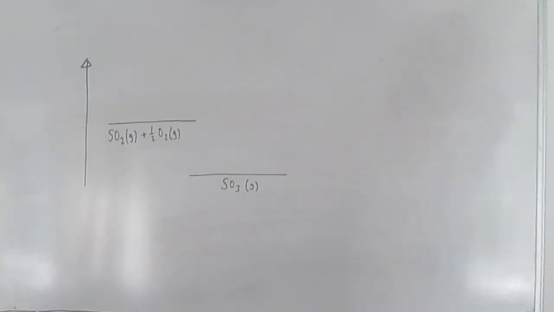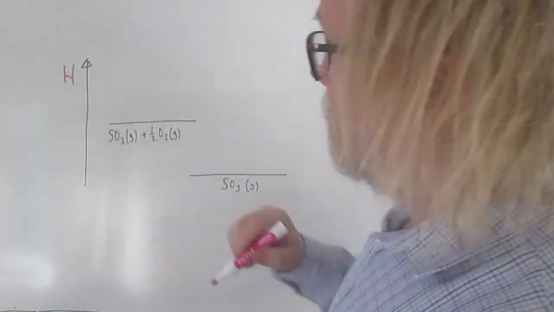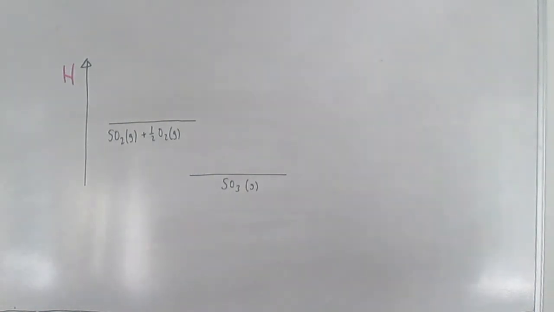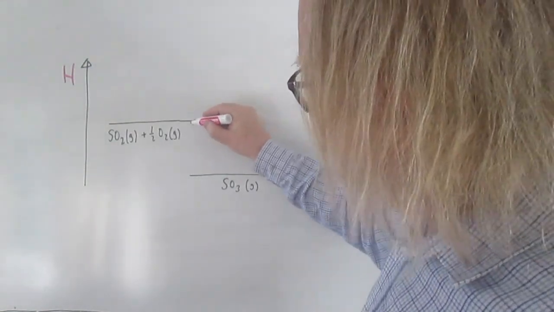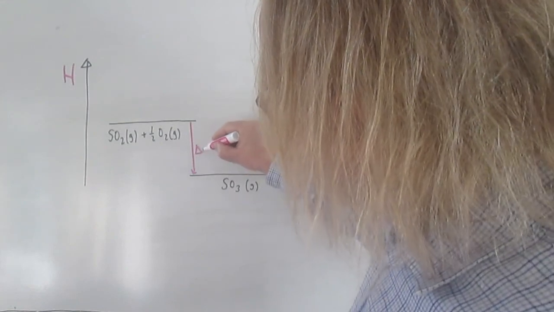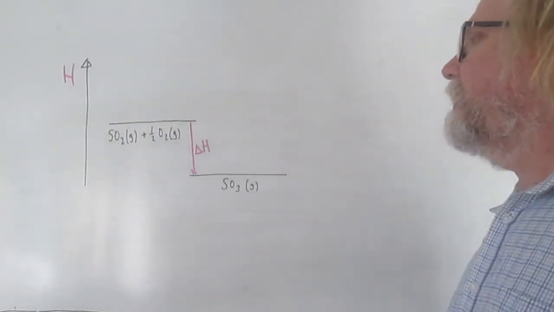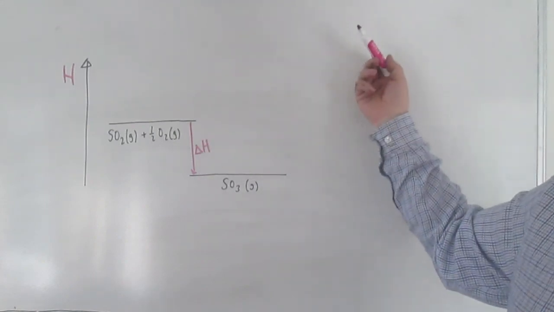If we think about enthalpy profile diagrams in relation to a reversible reaction like this one, basically they're the same as for any other reaction. So here's our reactants, here's our product. So this is delta H of reaction, and obviously it's negative going that way, as we've seen for this particular reaction.